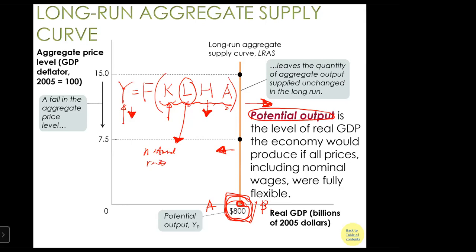There are always some frictions in the economy, so we always have some frictional and structural unemployment. Hence, the level we can produce at the potential is when the rate of unemployment is equal to the natural rate, and not 0%. Okay.